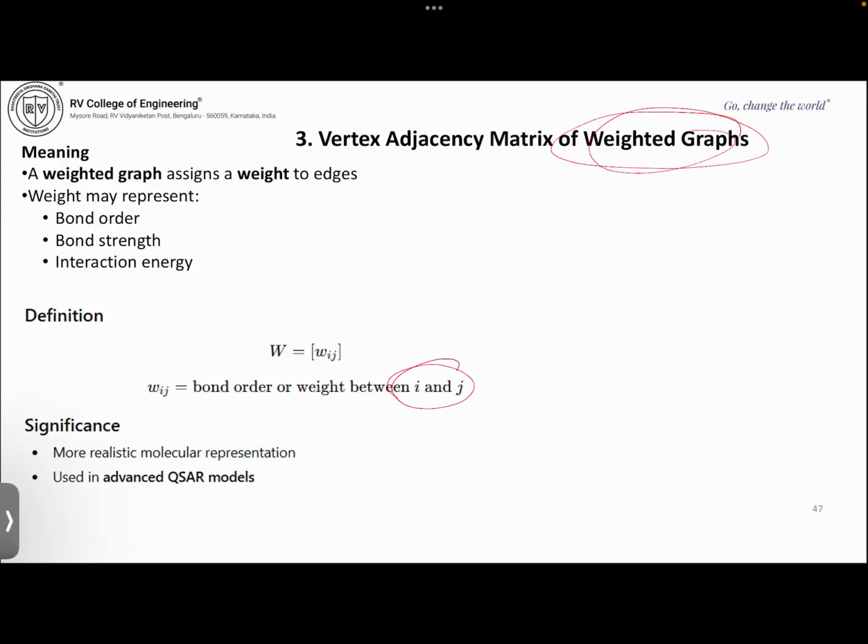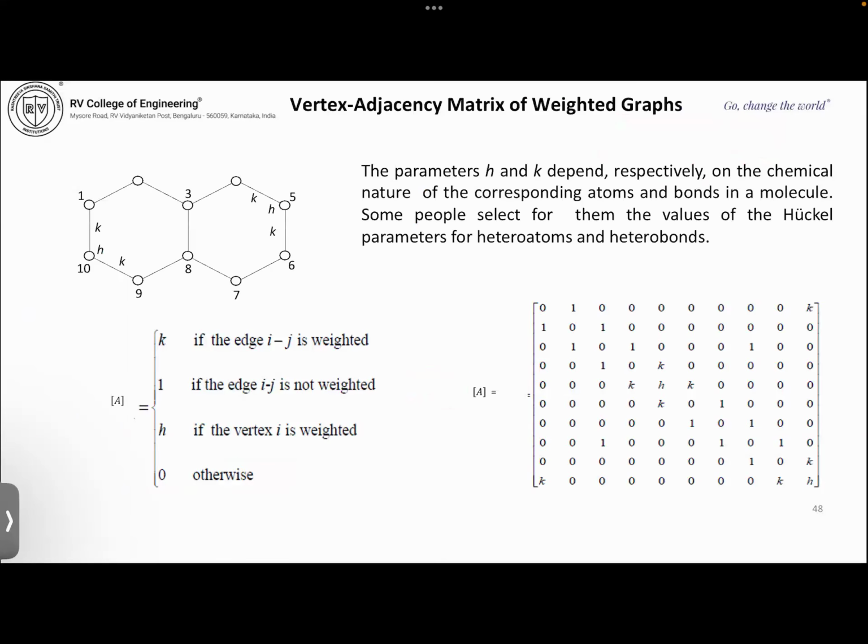The significance is a more realistic molecular representation. It is used for advanced quantitative structure activity relationship models. This is one example of the vertex adjacency weighted matrix, with respect to vertices only. How many vertices are in this molecule? There are 10 vertices, 1, 2, 3, 4, 5, 6, 7, 8, 9, and 10. So we get a 10 by 10 matrix.